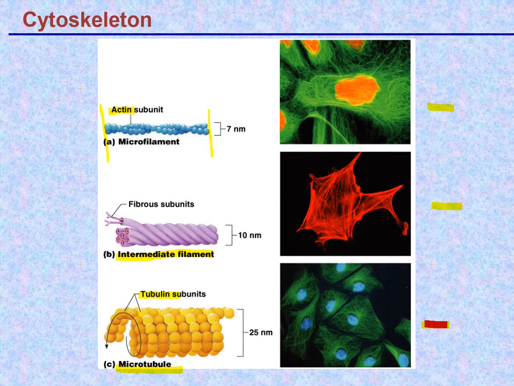The nuclei of each of the cells are stained fluorescent blue. That's a non-specific stain for DNA. And the microtubules are stained fluorescent green using an antibody bound with a molecule that's fluorescent under UV light.